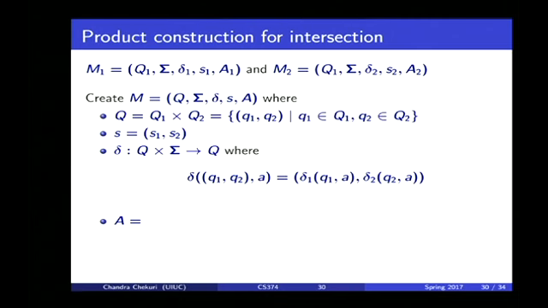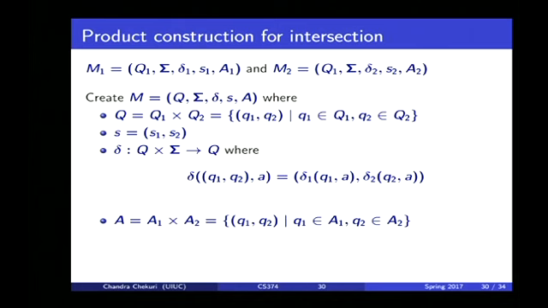On states in A1. When will the second machine accept? A2. So my acceptance states are A1 times A2, or another way of saying it is Q1, Q2, where Q1 is an accepting state of the first machine and Q2 is an accepting state of the second machine.